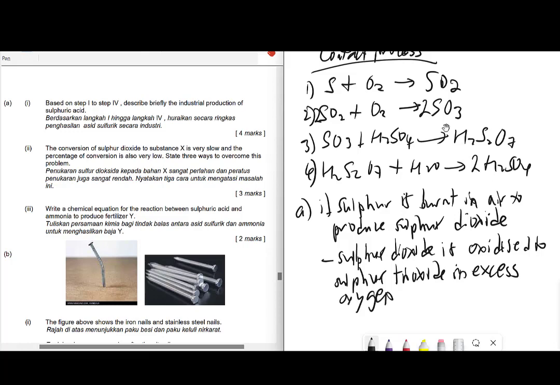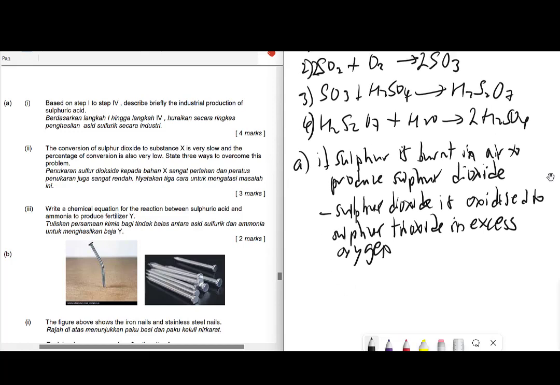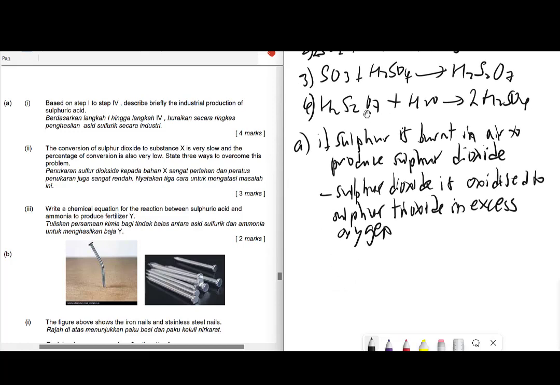So that is your second step. Okay, I'm just going to move up a bit here. Now we're going to move on to the third step. Third step is where SO3 converts to oleum.